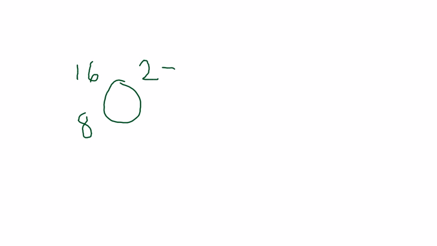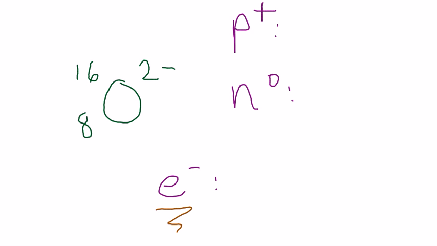So the question here is, how many protons are there, how many neutrons are there, and how many electrons are there? With an emphasis on these electrons, because this is what we're talking about right now. The protons are simple. We know them because of the atomic number, so that's going to be 8.